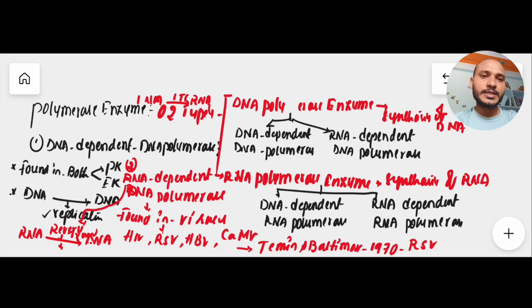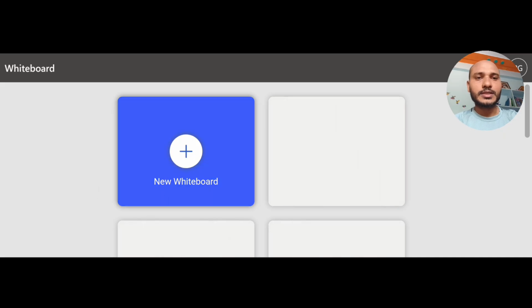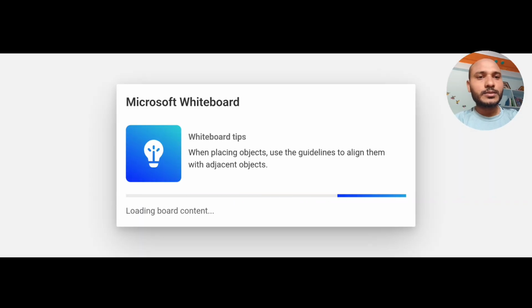So this RNA dependent DNA polymerase enzyme is also called reverse transcriptase enzyme. So this is all about the DNA polymerase enzymes: DNA dependent DNA polymerase enzyme and RNA dependent DNA polymerase enzyme.